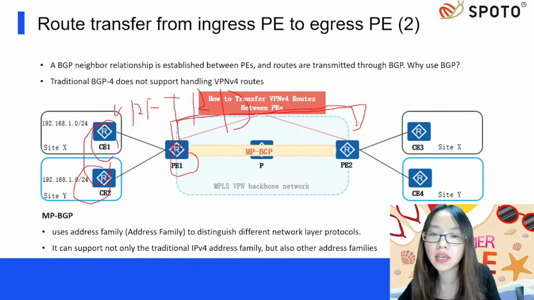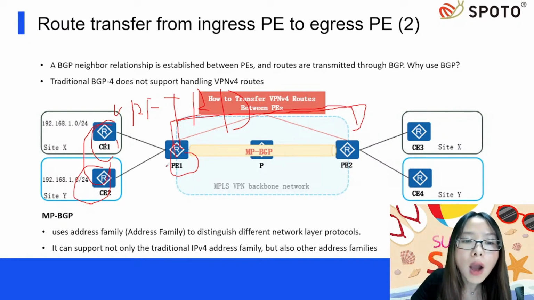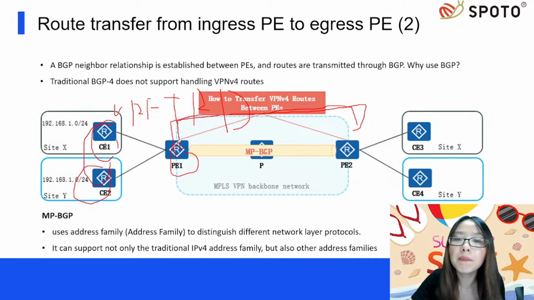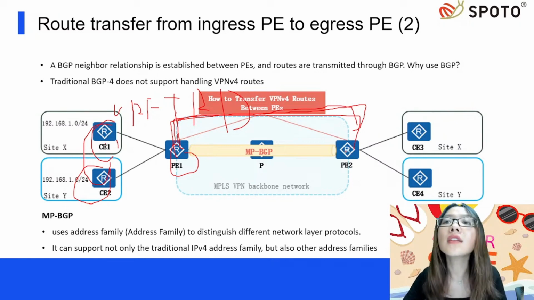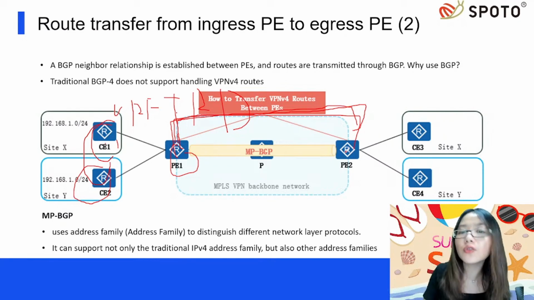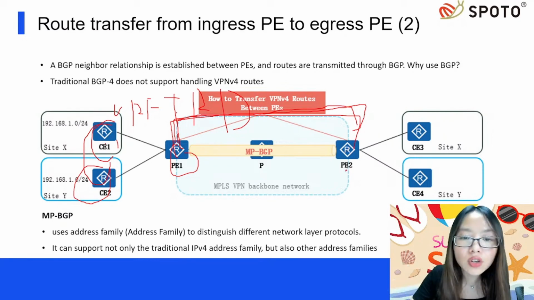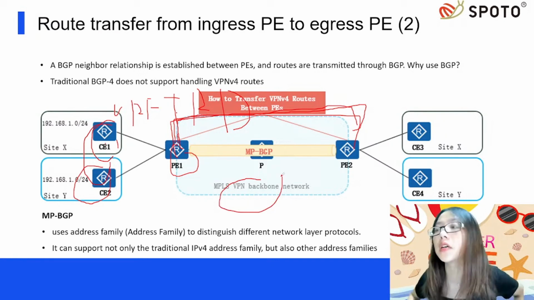I want to ask you, why do we need to configure BGP between the PEs? Does anyone know? You can think about it. Why do we need to use BGP in the MPLS VPN backbone network?